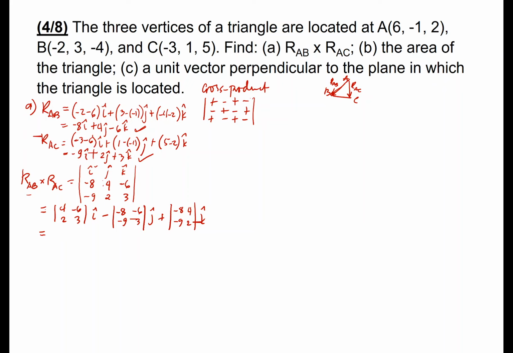Then after these smaller matrices, you need to get the determinant of each. Very simple. Just multiply 4 and 3, 4 times 3, then subtract the multiplication of 2 and negative 6. Okay, and this is for your I. Then minus, the same pattern: you have negative 8 times 3, then minus negative 9 times negative 6.